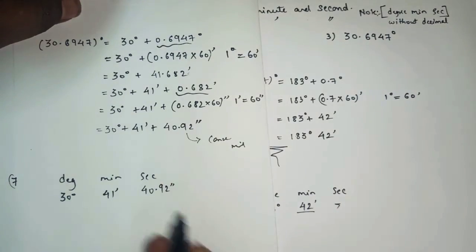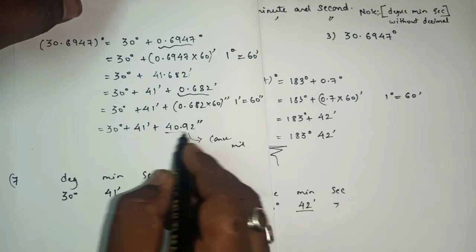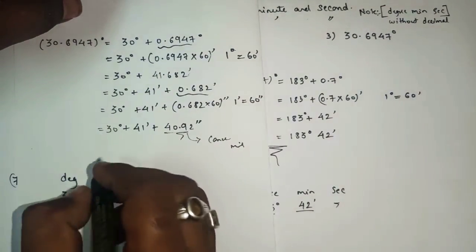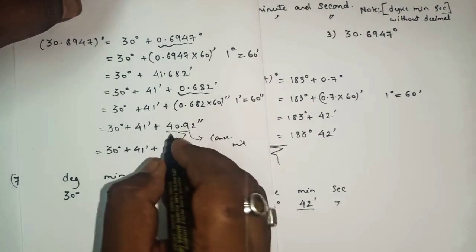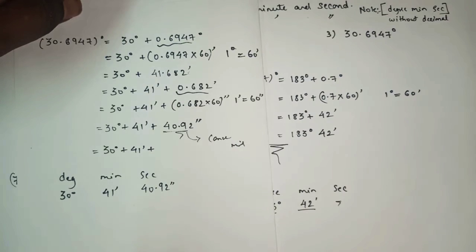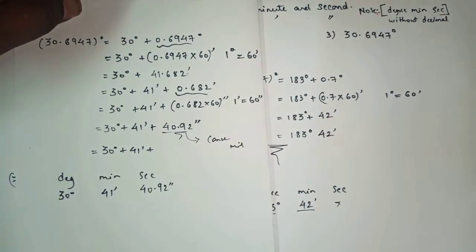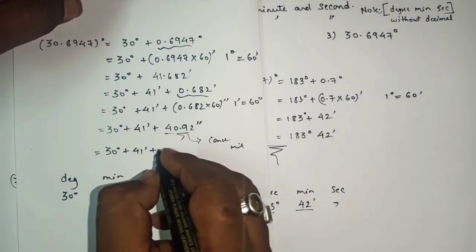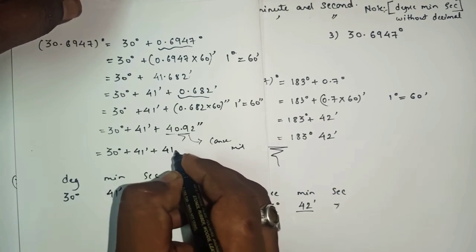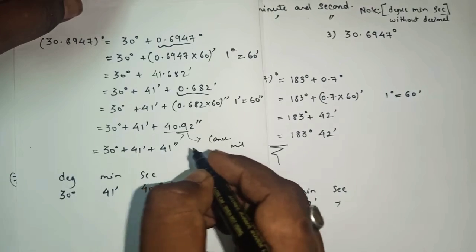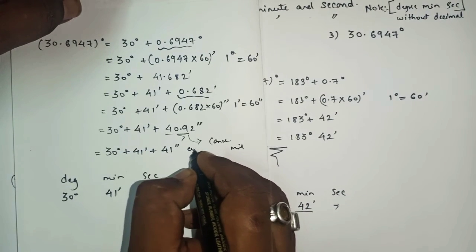Now in the final step also, you are getting the answer in decimal. So what you will do here, in the final step, is simply write this 40.92 approximately as 41, as it is more than 5. So here we'll write 41 second approx.